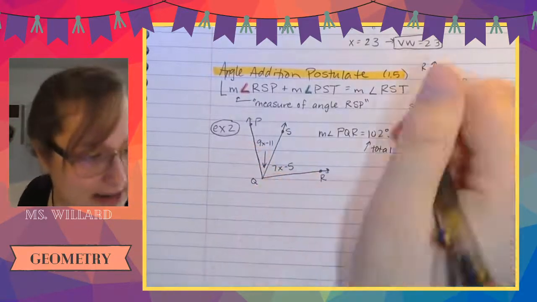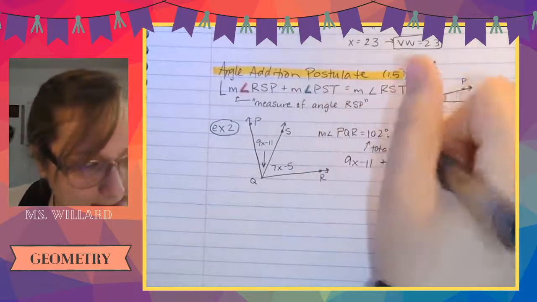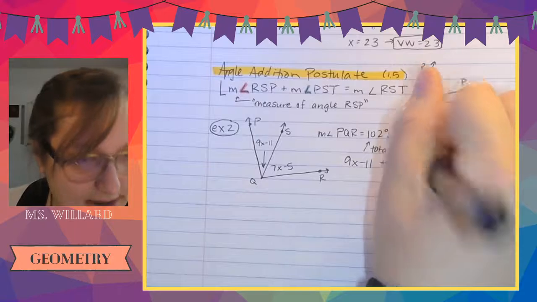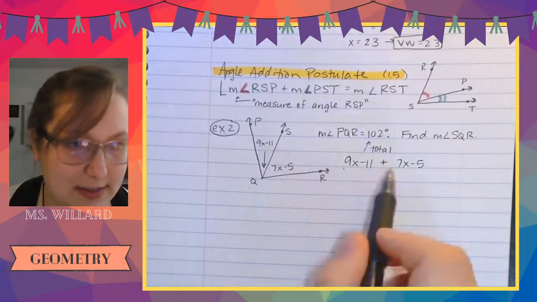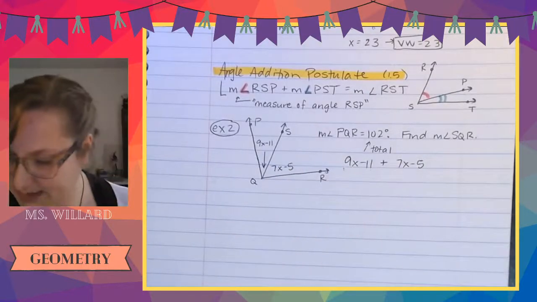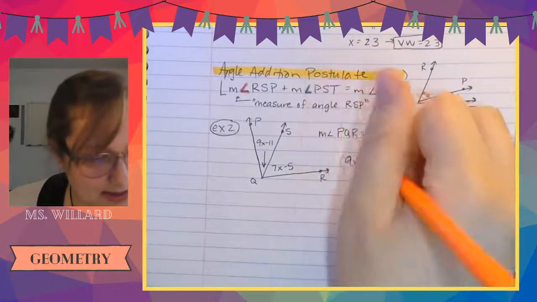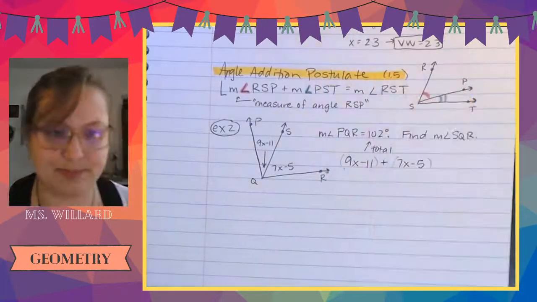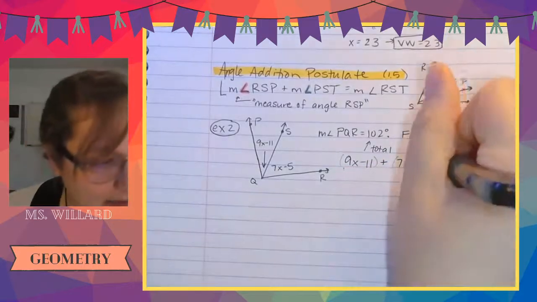So I'm going to add these together: 9x minus 11 plus 7x minus 5. Now this section right here is from this, and this section right here is from this. I add them together. Sometimes, and this is kind of optional, you'll see it done in parentheses to separate out the 2 parts. This plus this. And they add up to make 102.